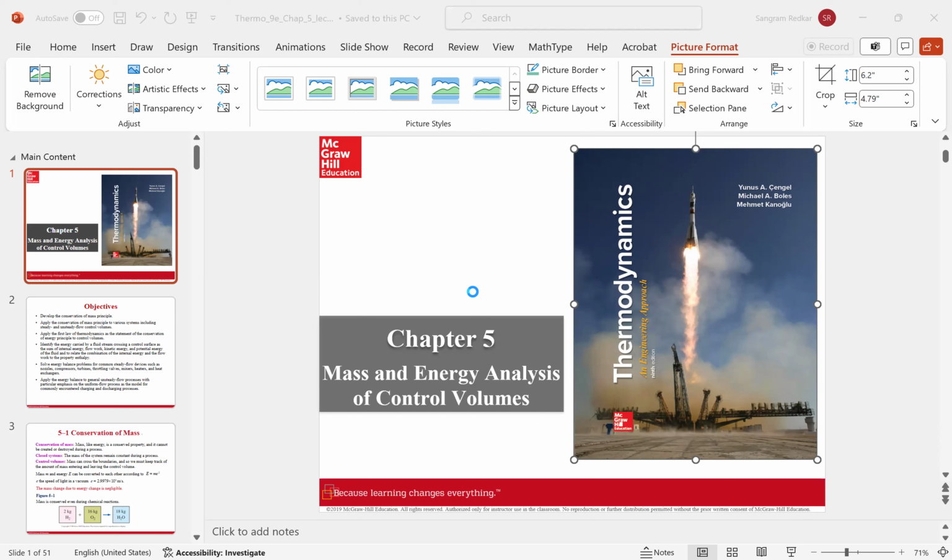I want you to understand the difference between compressor, fan, and pump. Compressor is used for gases to increase the pressure. Fan is used for gases to increase the flow. So compressor increases the pressure energy, fan increases the flow energy.